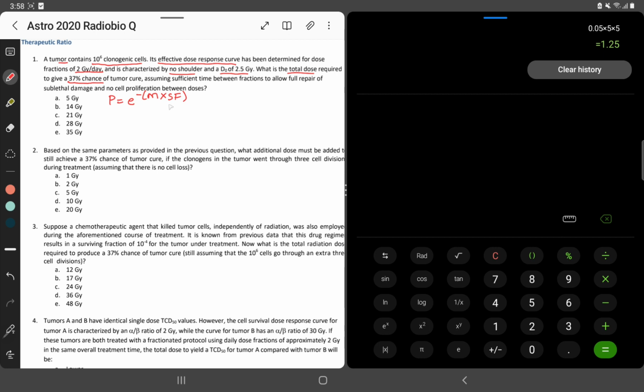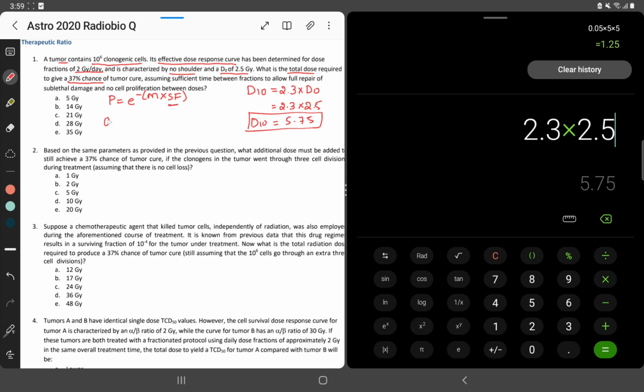There is also another formula where D10 equals 2.3 into D naught, which is 2.3 into 2.5, equals 5.75. Now with D10 we need to find the number of decades of cell kill so that we can multiply here and get the total dose. So for that we need to calculate the surviving fraction.